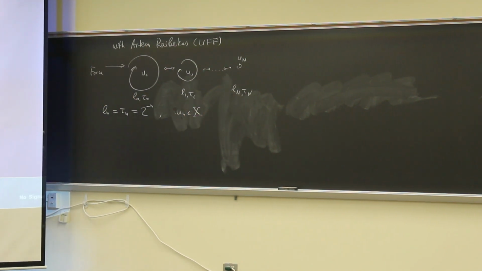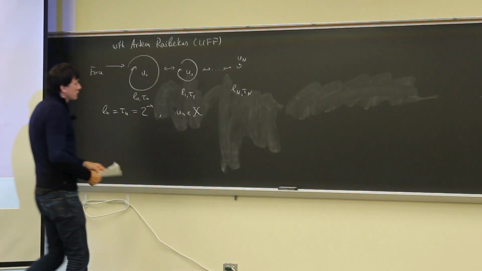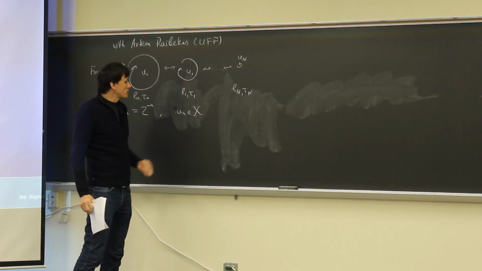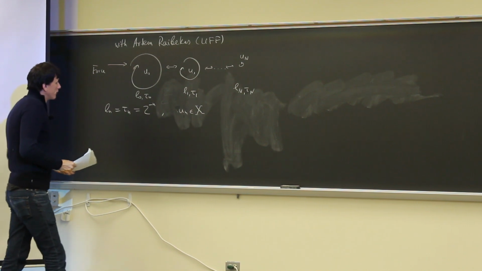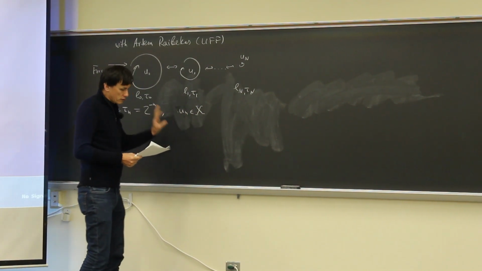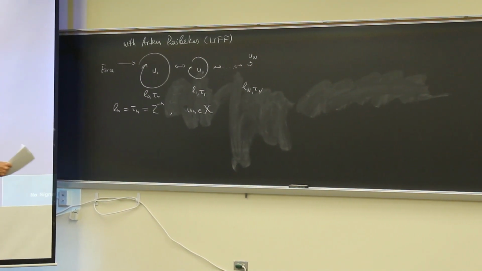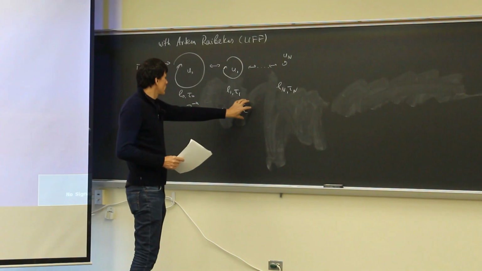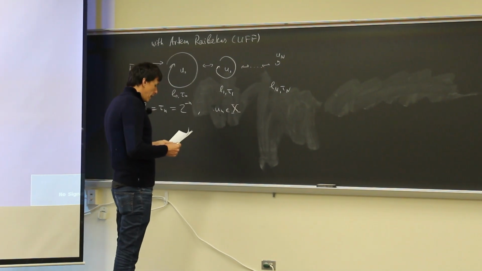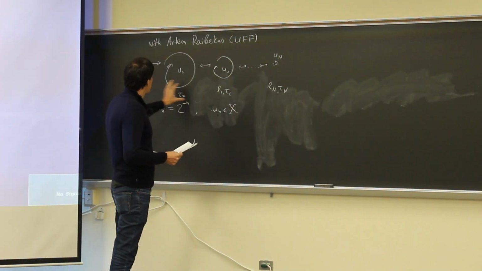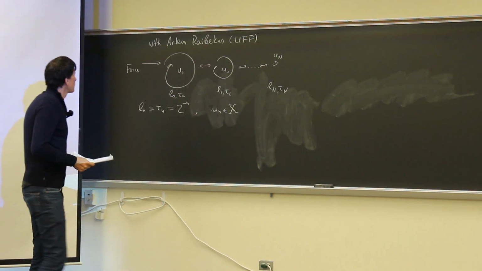I will have a very simple space, but most of the results extend at least to complete separable metric spaces with group operation. That can be a rather general space, and we will think of it as a model of turbulence.